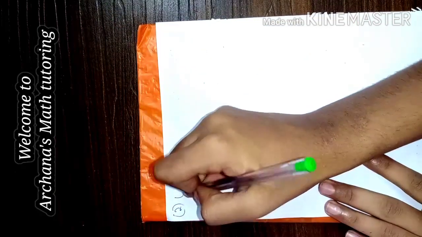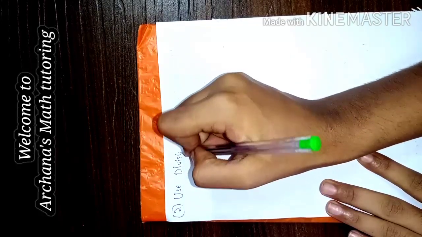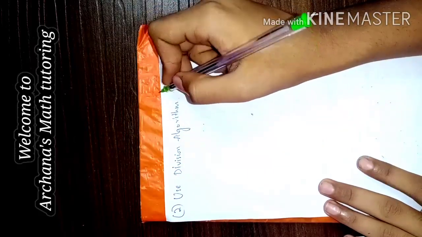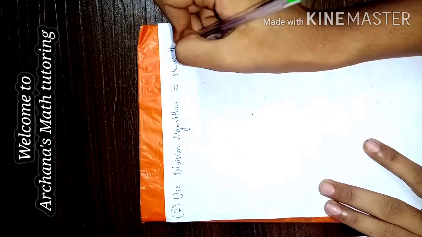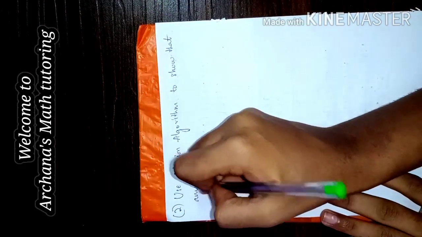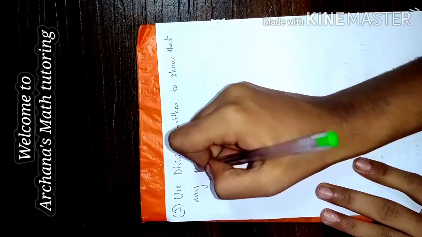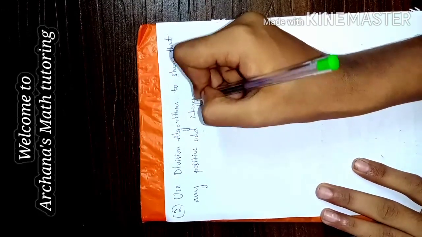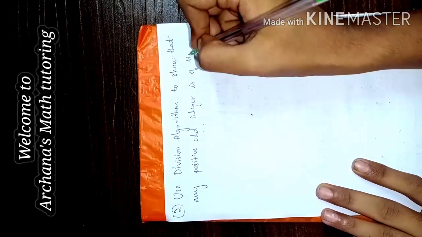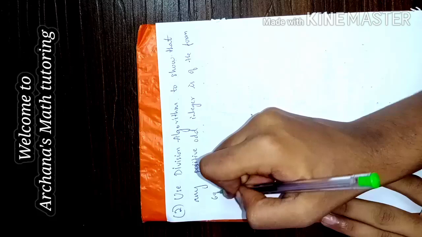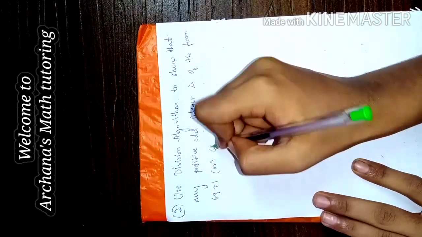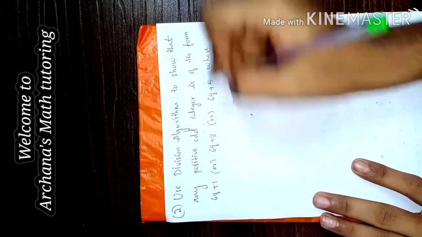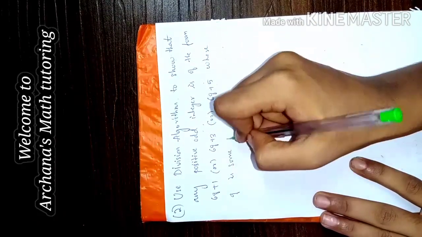The problem is: use division algorithm, that is Euclid's division algorithm, to show that any positive odd integer is of the form 6q plus 1 or 6q plus 3 or 6q plus 5, where q is an integer.